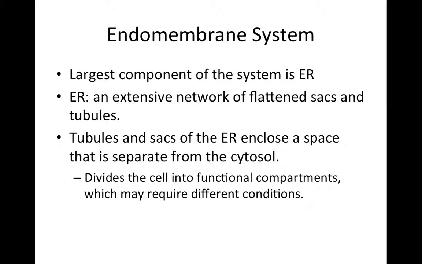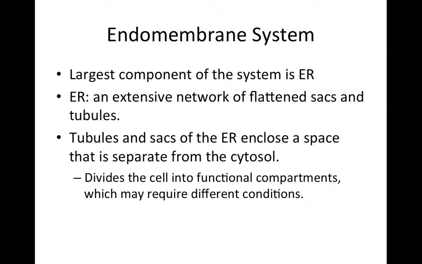Okay, again, just reiterating, the largest component of the endomembrane system is the ER. The endoplasmic reticulum is an extensive network of flattened sacs and tubules, and these tubules and sacs enclose a space that is separate from the cytosol.